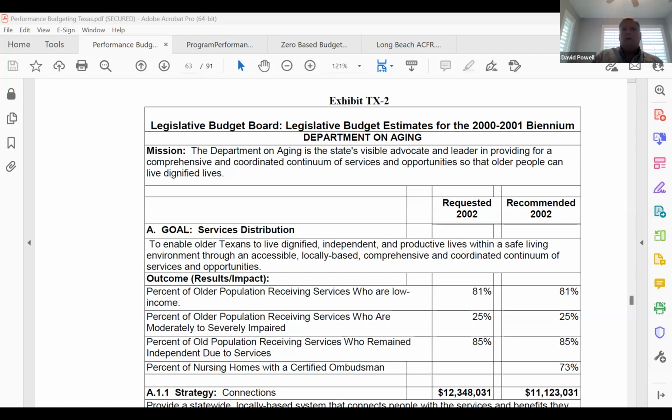At the beginning of class, I will go through some examples of performance-based, program-based, and zero-based budgets, so you can get a feel of what they look like if you haven't dealt with them before. Then we'll switch gears and move into a discussion of the applications of analysis in public budgeting, and how we analyze budgets for different purposes.